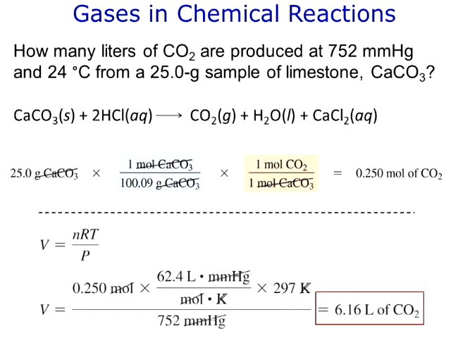Not quite 1 atmosphere, because we know 760 is 1 atmosphere, so this is slightly less than an atmosphere, at 24 C, which is slightly below our standard room temp. So we would add the 24 to 273 for a 25.0 gram sample of limestone, which is calcium carbonate.